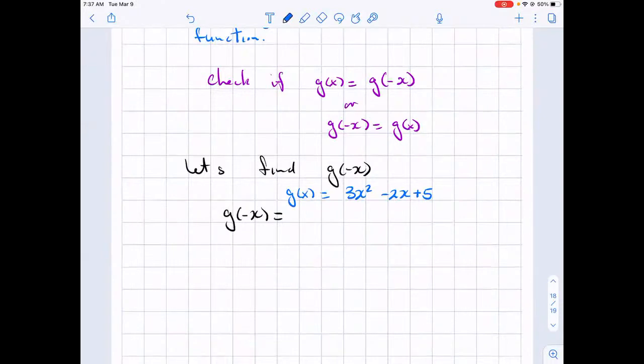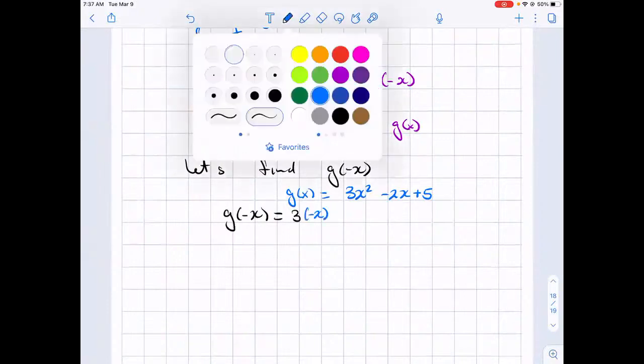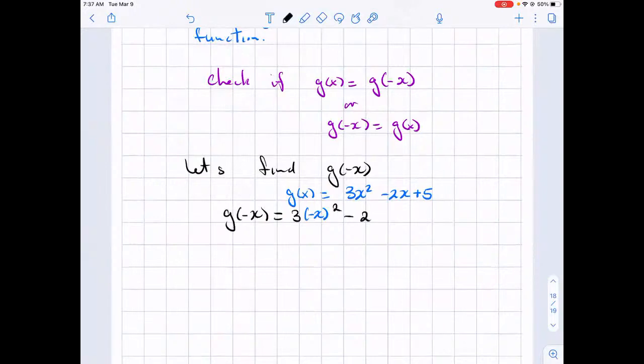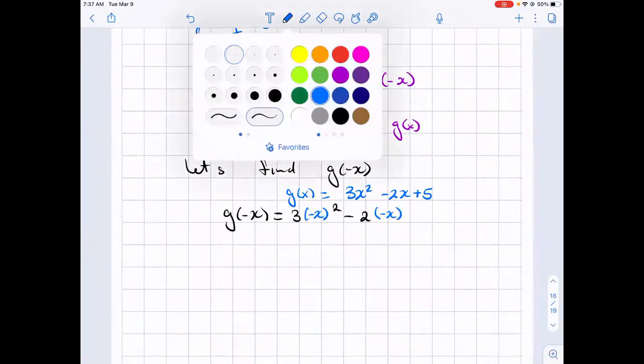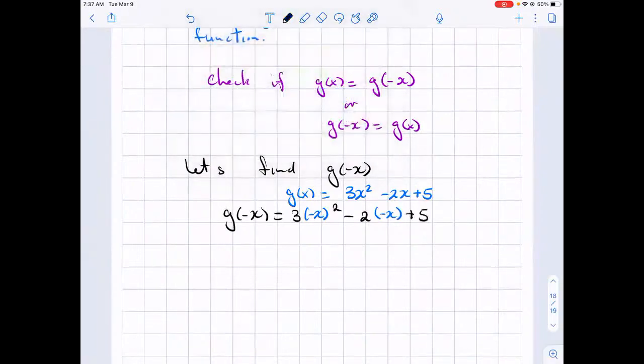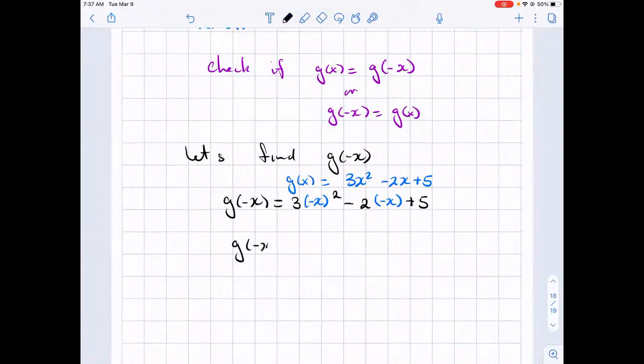So g of minus x will be 3, and then in parentheses, minus x squared, minus 2, and then in parentheses again, every time we see x, we plug in a minus x. So g of minus x will be 3x squared, because if you square a negative, you get a positive x squared, and you have plus 2x, because when you distribute here, plus 5.